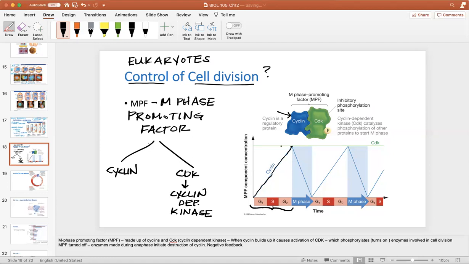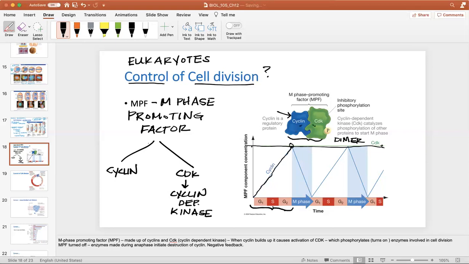And then as it reaches a threshold value, here's the concentration of CDK. It's always pretty constant. So when the concentration of cyclin matches the concentration of CDK, and you have a certain concentration of this dimer here, okay, I said dimer. Dimer means a two-part molecule.